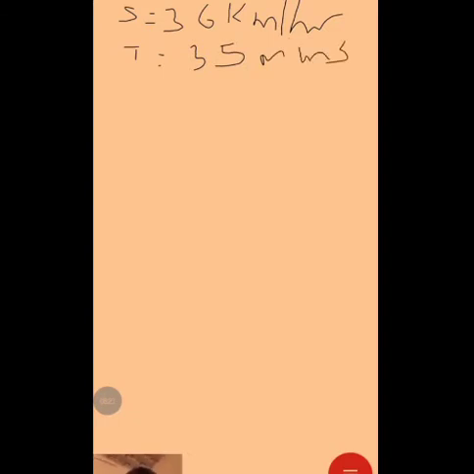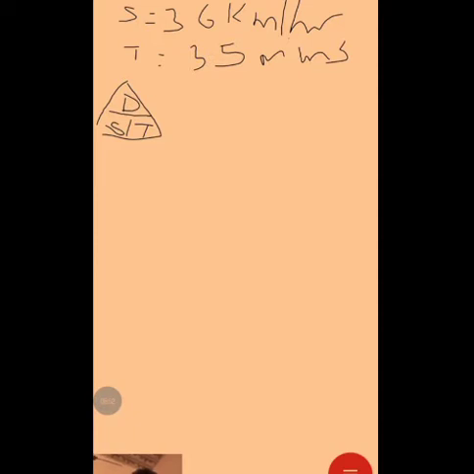So now what should we do? I've already highlighted for each cup. Now I'm going to draw my triangle again. It's very necessary so it will help me remember. Here I have my D, here I have my S, and here I have my T. Very good. Now we have the speed and time. What are we looking for now?